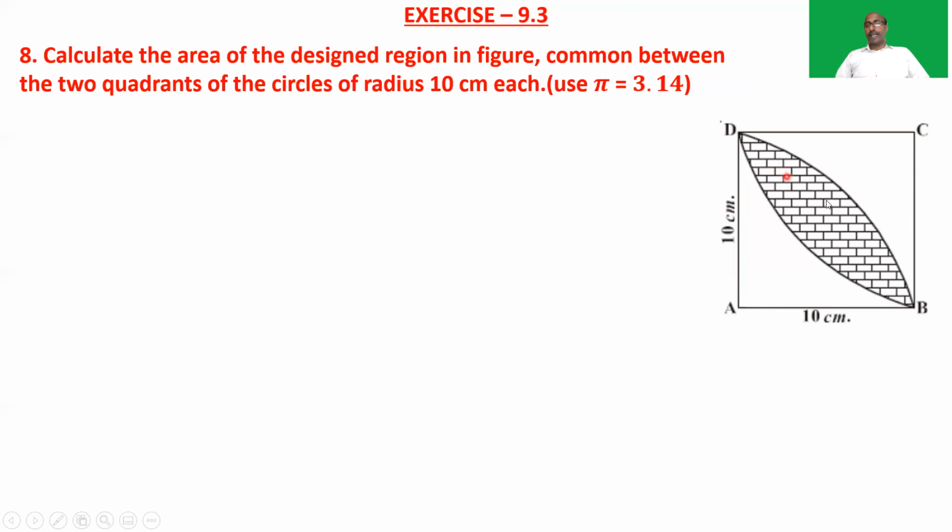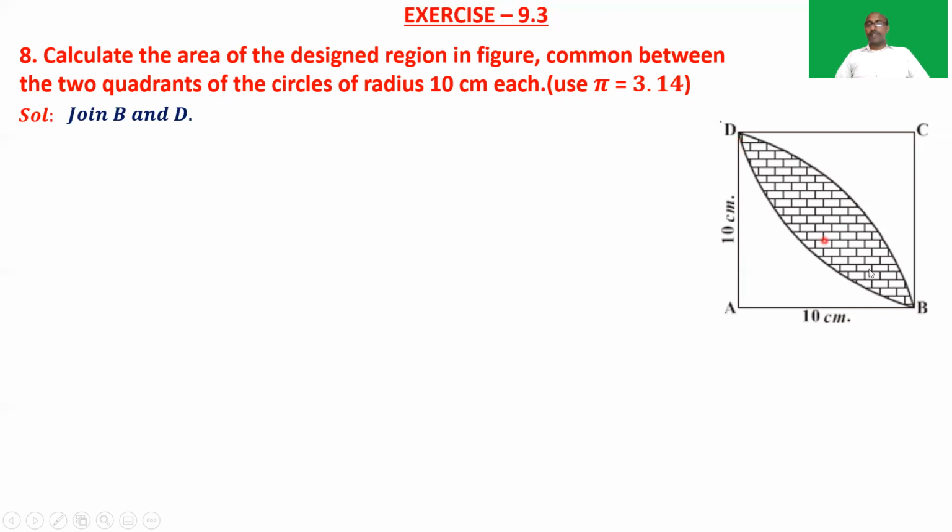So we have to find the area of this common region, that is, the area of the shaded region. Given that ABD and CBD are quadrants of circles.